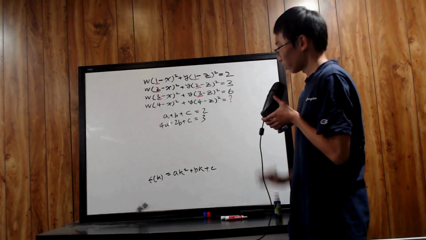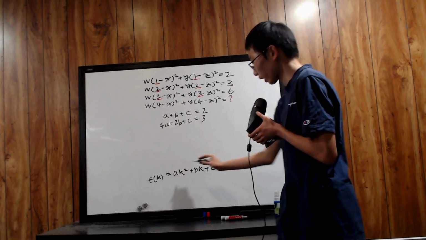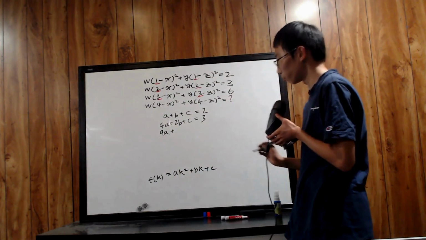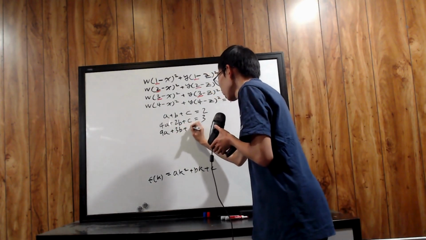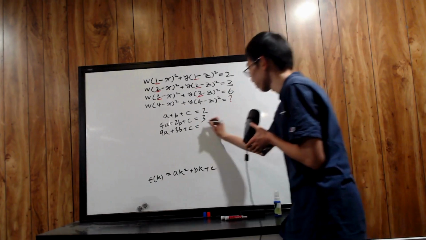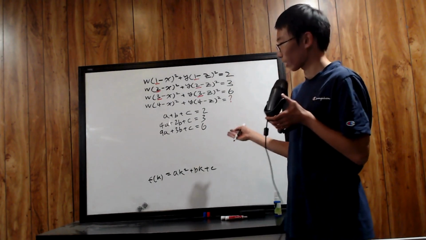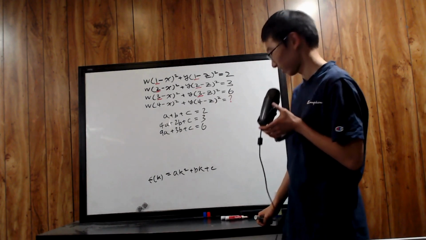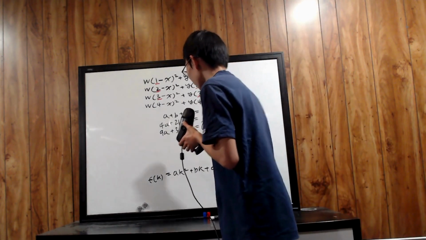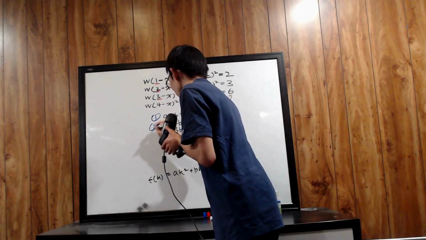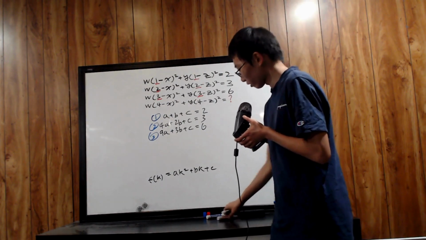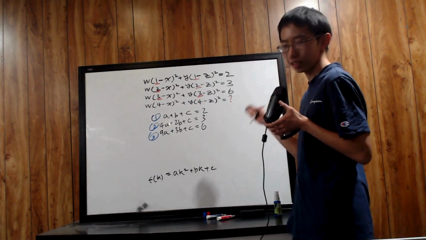Moreover, if we plug in k to be 3, we get 9a plus 3b plus c, which is equal to 6. And there we go. We have 3 unknowns, 3 equations. This should be enough. Let's name the equations. We'll call this equation 1, equation 2, and equation 3, right? And we'll get to solving a, b, and c.